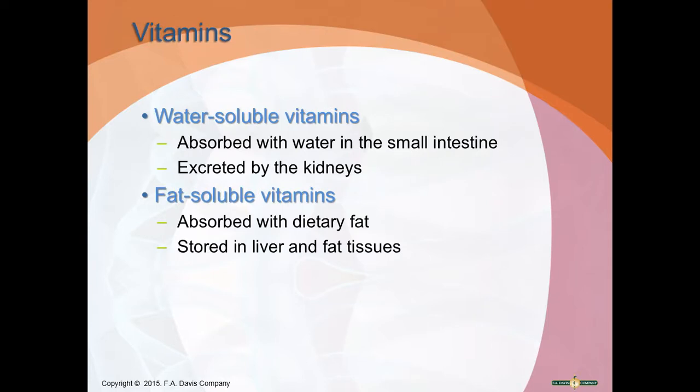Now, we're not going to talk very much about vitamins. We're just describing a little bit. Water-soluble vitamins are absorbed with water in the small intestine. They're excreted by the kidneys. If you take in more than you can use, you will excrete the rest. Fat-soluble vitamins are absorbed with dietary fat, and those are stored in the liver and fat tissues.